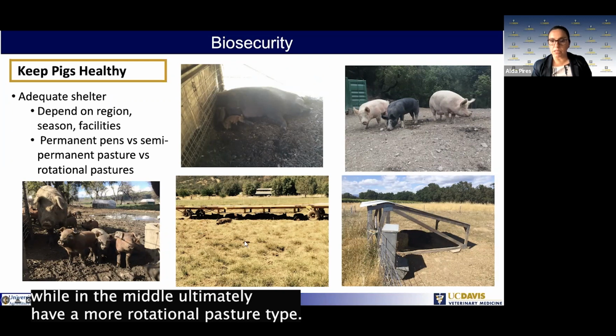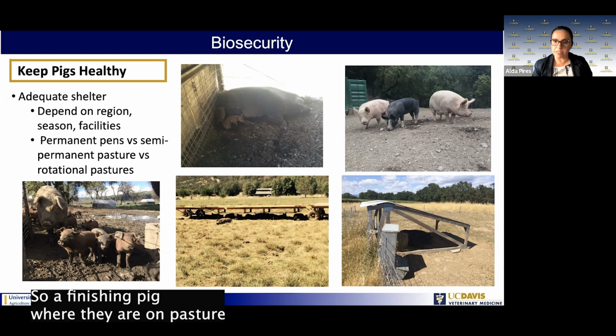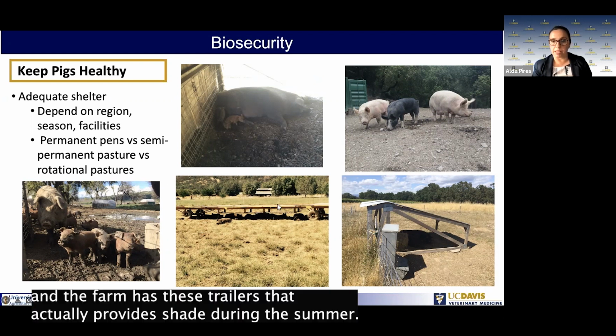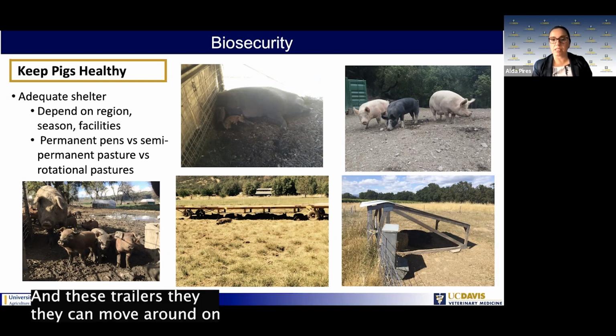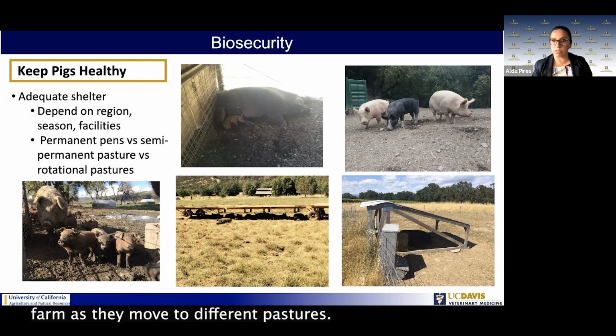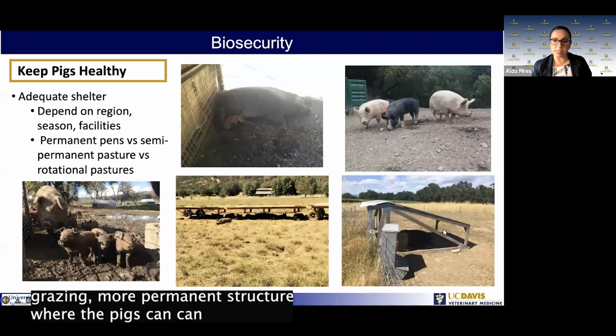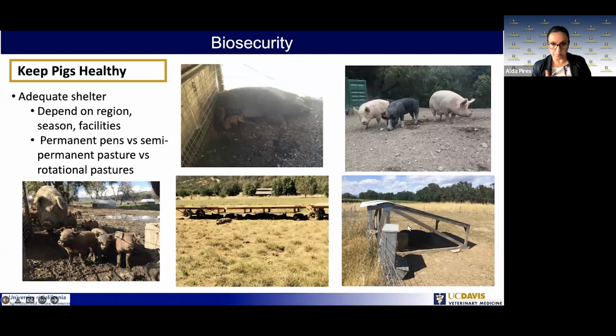In the middle, you have a more rotational pasture type. These are finishing pigs on pasture, and the farm has trailers that provide shade during the summer. These trailers can move around the farm as they move to different pastures. Another shelter, more permanent, is a rotational grazing structure where the pigs can protect themselves from the sun.